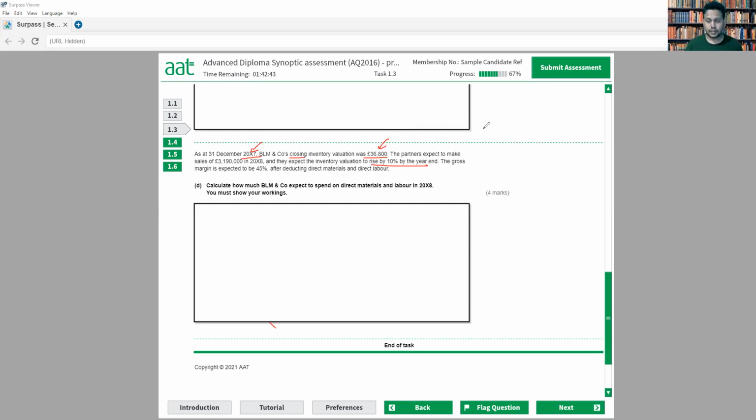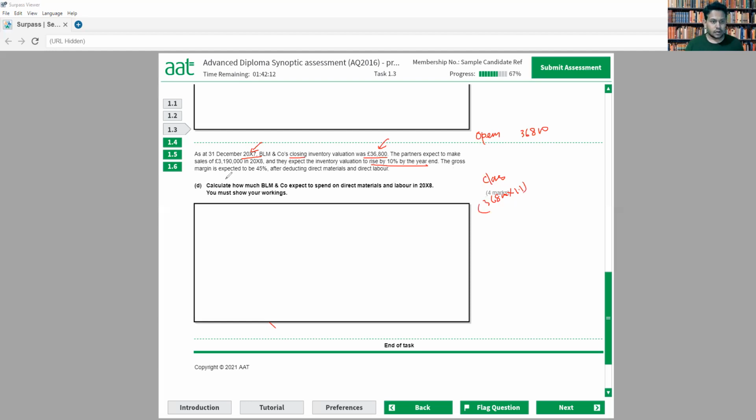That means if my opening inventory is 36,800, and next year the closing inventory will be increased by 10%, I will say 36,800 times 1.1. So after the 1, I will add 0.1 because it's 10%. If it is 20%, then 1.2. If it is increased by 30%, then 1.3. So it will tell me how much it is increasing.